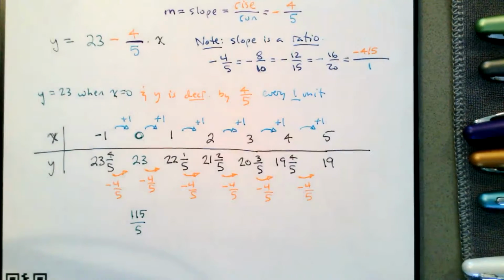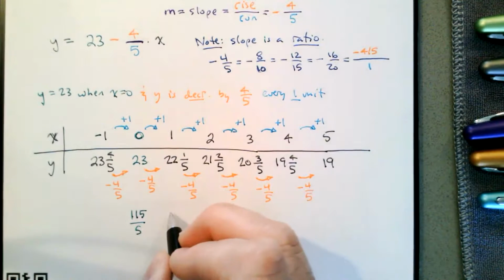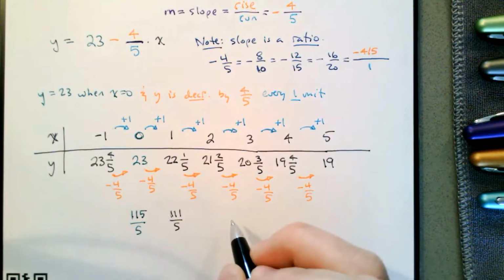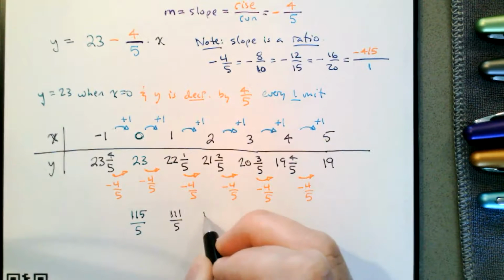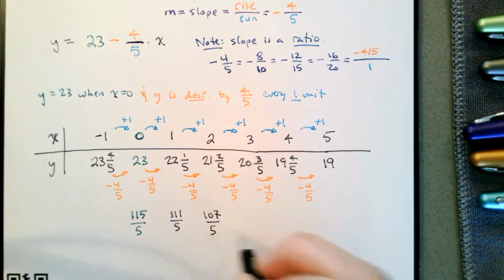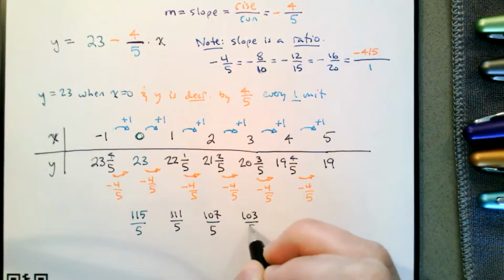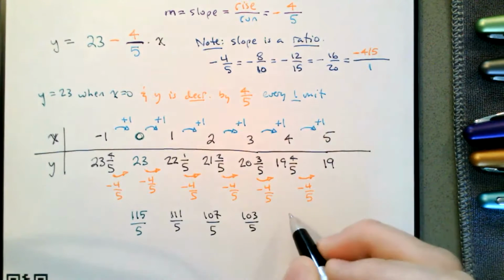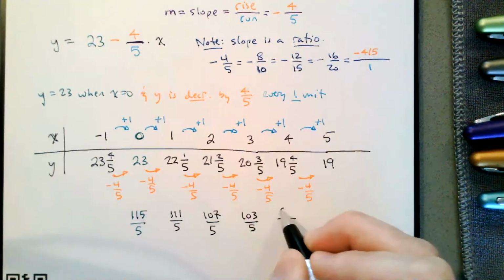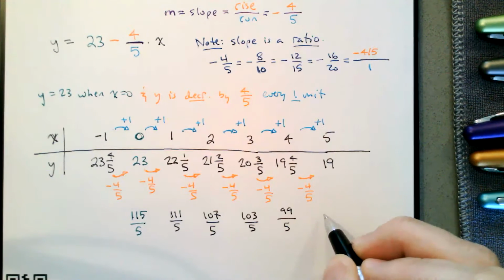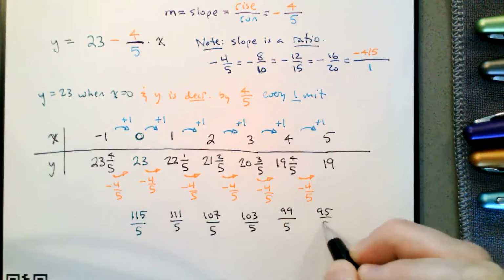And if I subtract 4/5, 115 minus 4 is 111 over 5. And then minus 4 again is 107 over 5. And then minus 4 again is 103 over 5. Minus 4 again is 99 over 5. And minus 4 again is 95 over 5.